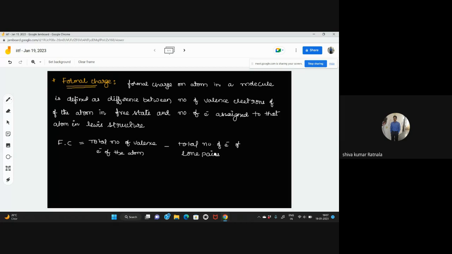You need to remember the formula, right? Minus half into total number of shared electrons. Okay, this is the way we are going to calculate the formal charge.